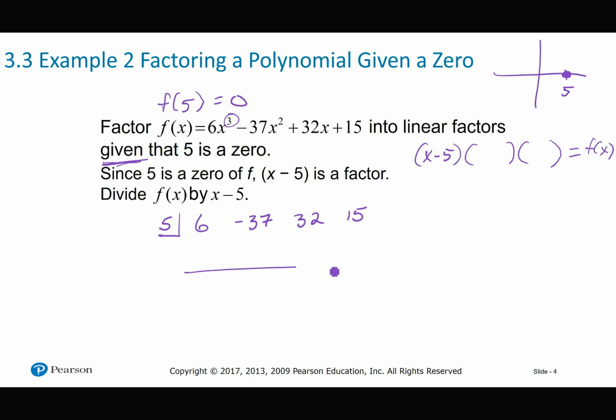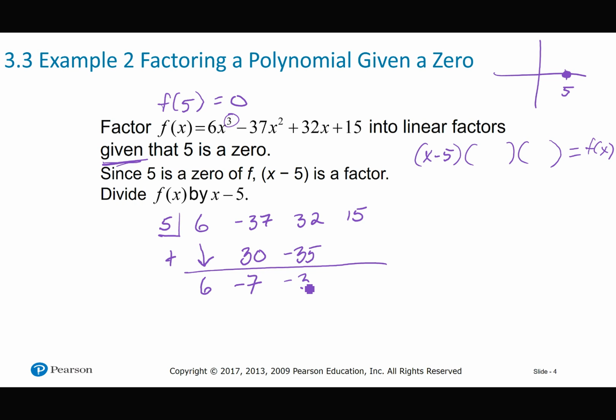All right, so let's do our synthetic division. I'm going to bring down the 6, which becomes 30. And again, remember, we are adding. So this becomes 7 after I add those together. 35. There we go. I was going to say something's not right there. Negative 7. Negative 35.